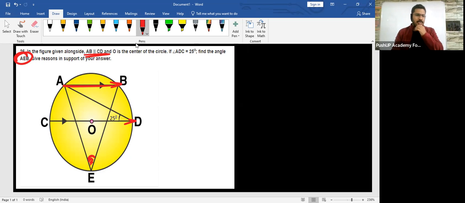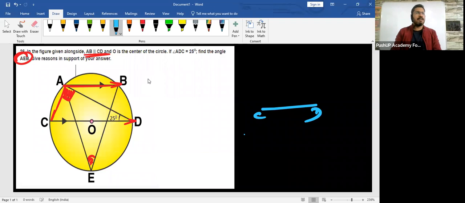Now children, how to get the value of AEB? That's a major question. What if I draw a line segment from A to C and ask you how much would be this angle? It has to be 90 degrees. Why? Because CD is the diameter of the circle, and the diameter will subtend 90 degrees on the circumference.